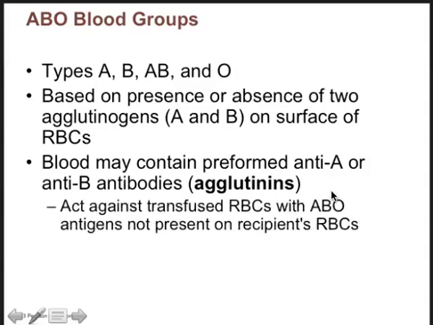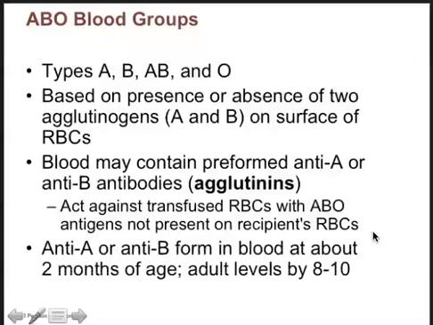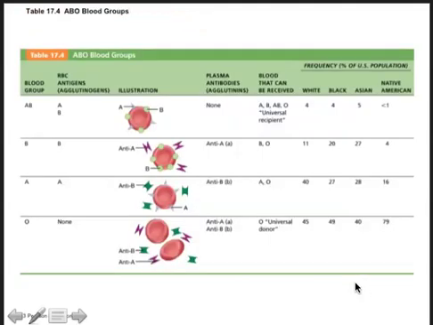They act against transfused red blood cells with ABO antigens not present on the recipient's red cells. Anti-A or anti-B form in blood at about 2 months of age, and they're at adult levels by age 8 to 10. What you're looking at here is a chart showing the ABO groups and what molecules are present in each of the different ABO blood types.